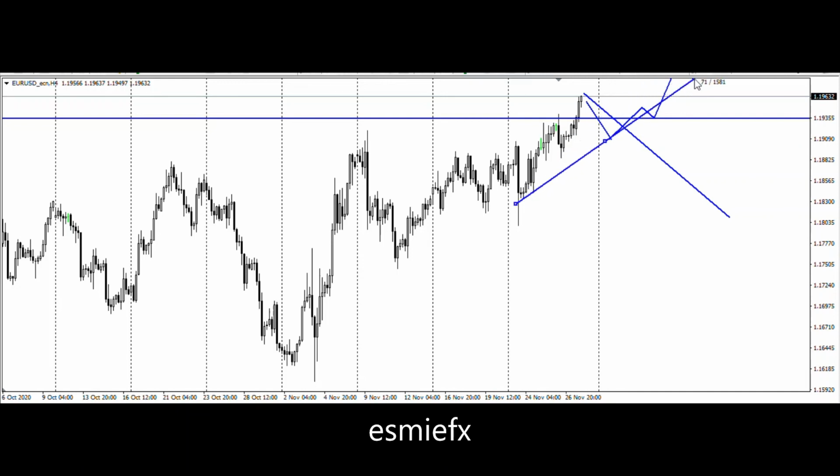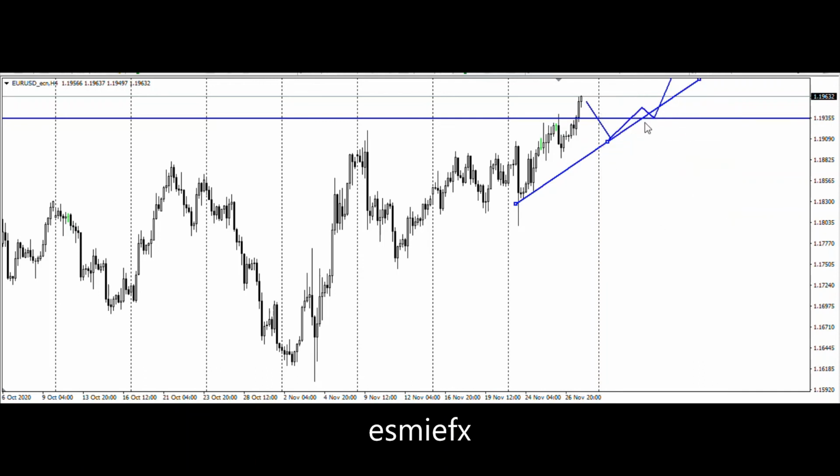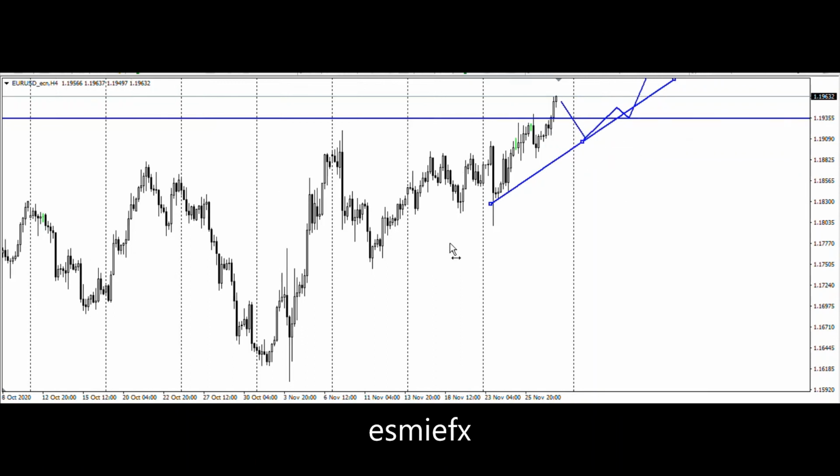Then probably I'll be drawing the trend line this way, because it comes, gives a double bottom and then moves up. So this trend line that I drew earlier won't come into play. We'll see how price unfolds. So that's all for now.